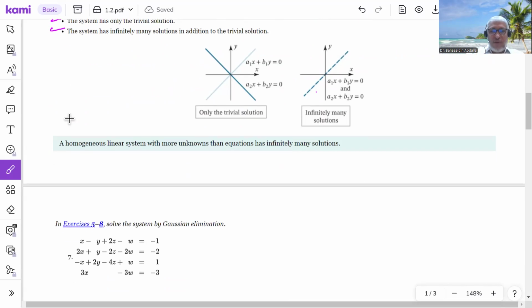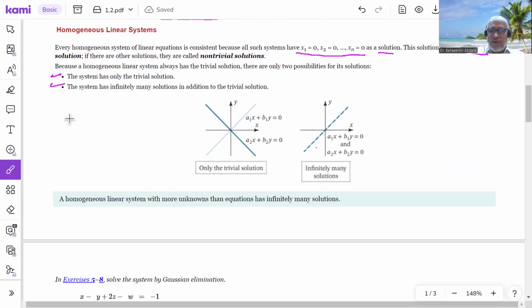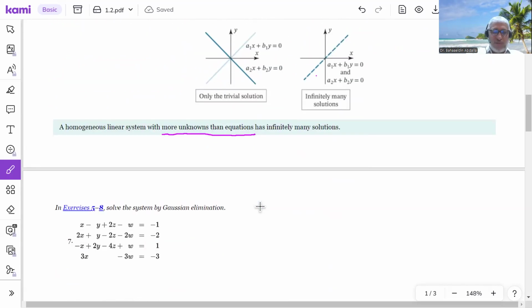Non-homogeneous systems, there are three possibilities. The system could be inconsistent, no solution. For homogeneous systems, we have two possibilities only, because the system is always consistent. Whenever we have more unknowns than equations, immediately you will have infinitely many solutions.